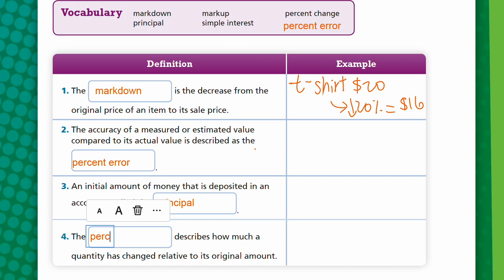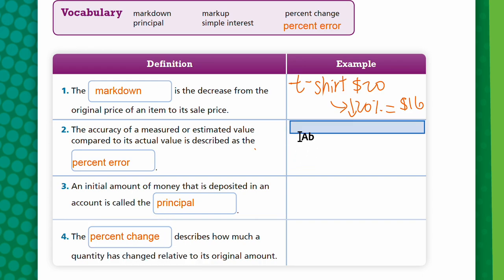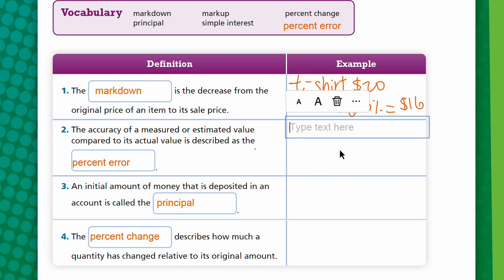So number 2, what would be an example of percent error? Well, give me a percent error. So what is an actual value and the estimated value that you might want to think about? So maybe we can think about temperature, right?